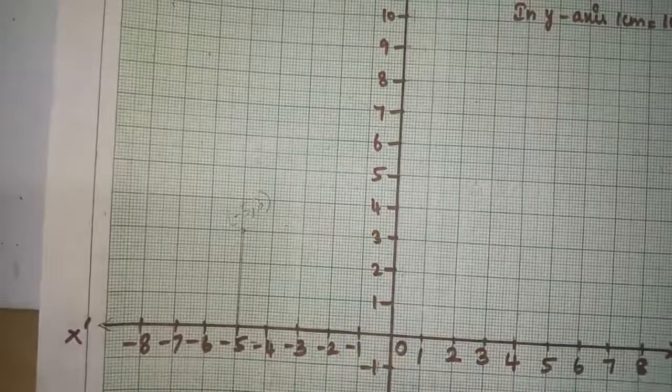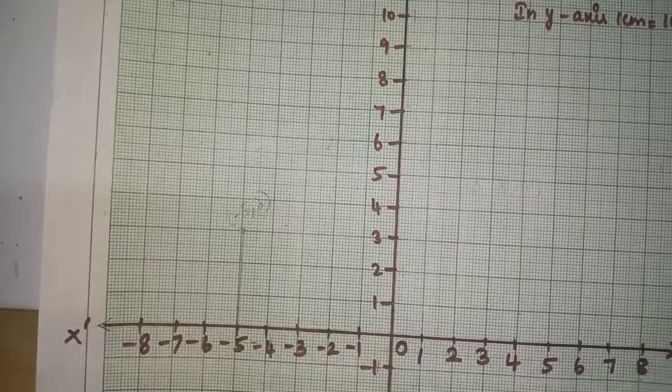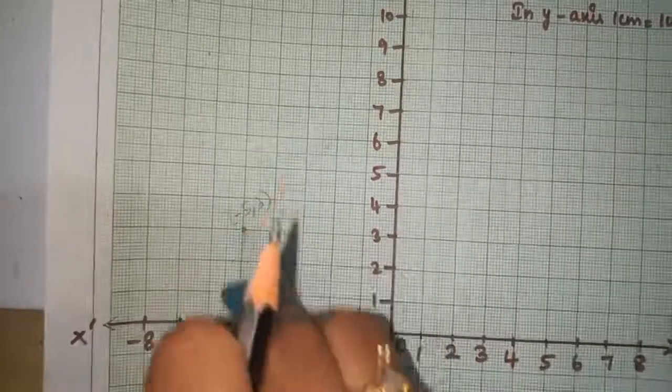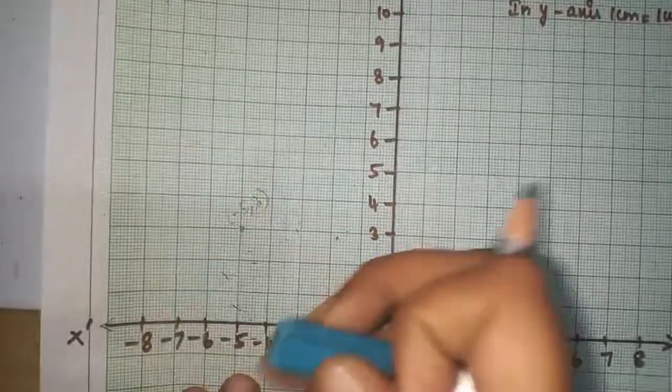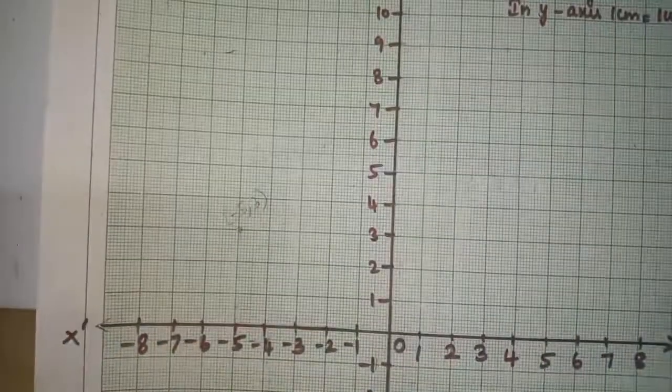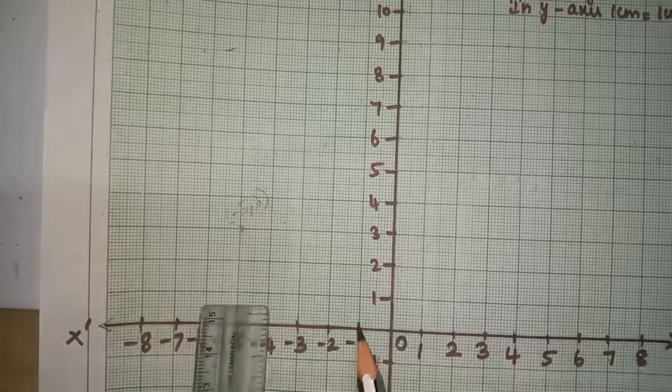You just erase the line because after you finish the 4 points, you have to join those 4 points and find what type of figure you get. So the next point is minus 1, 3. So here you have minus 1.